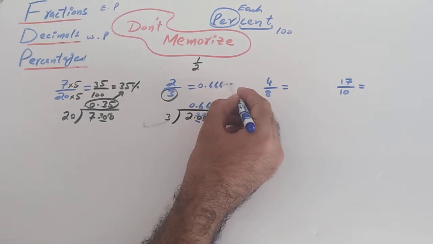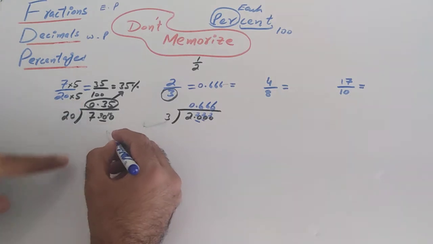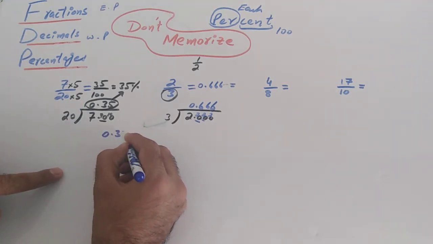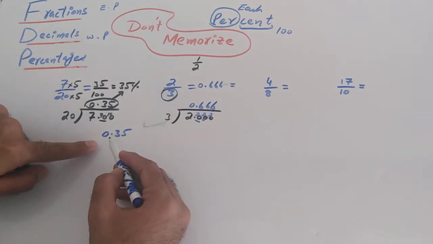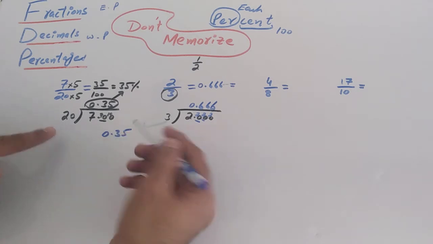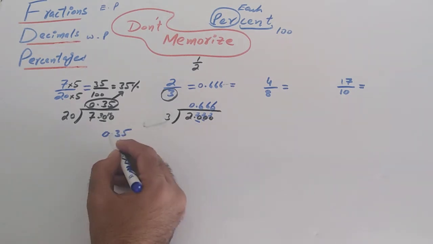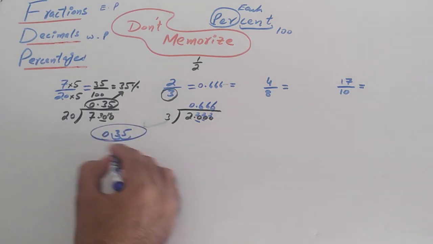And what does this decimal mean as a percentage? If you recall, it was 0.35. To get the percentage, we have to get something out of 100, so we have to multiply by 100. We just have to move the decimal 2 places, 1 and 2. That's the reason we got 35% before.